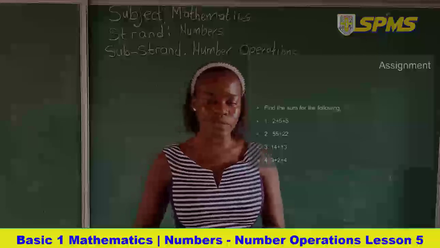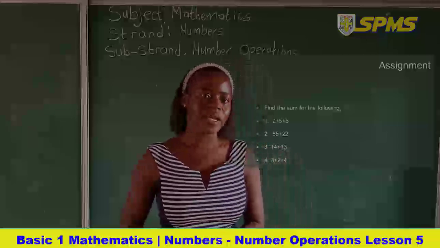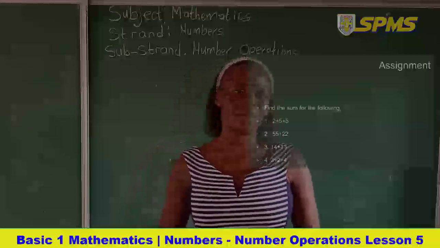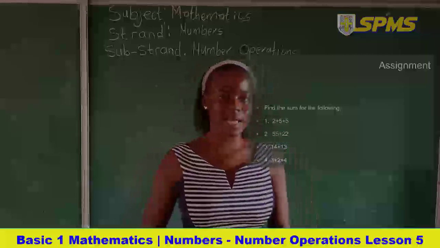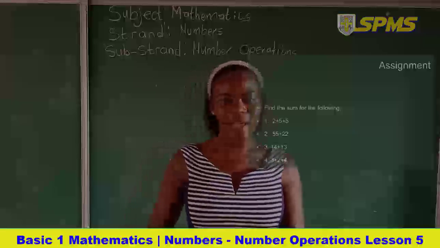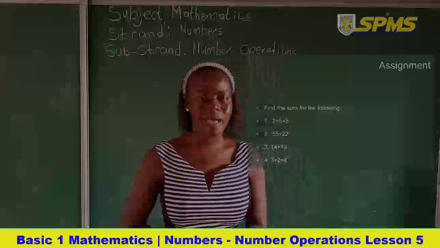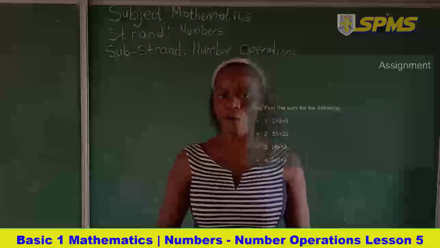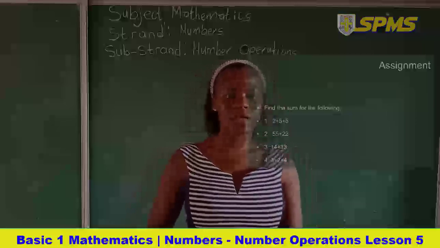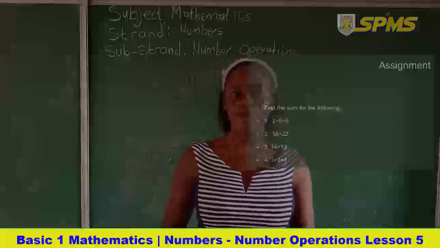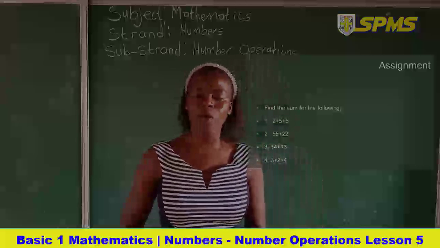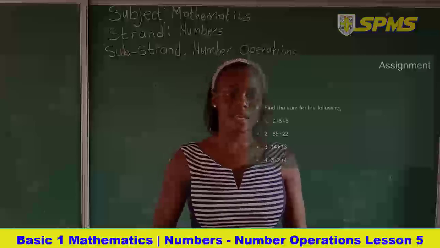The next one is 14 plus 13. And the last one is 3 plus 2 plus 4. Okay, so do the work for me. When we meet on Zoom, we will discuss it.